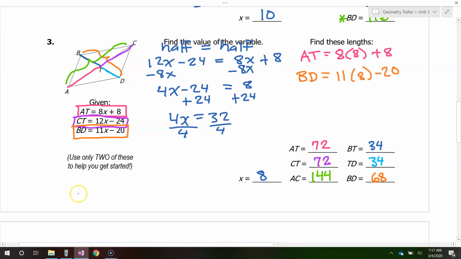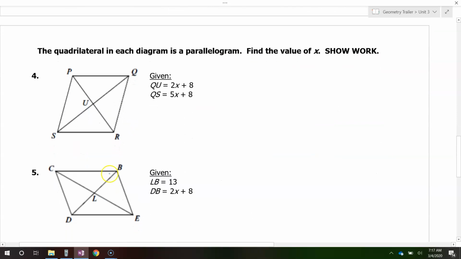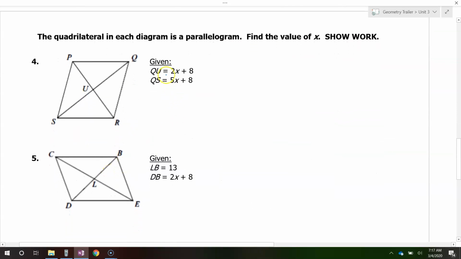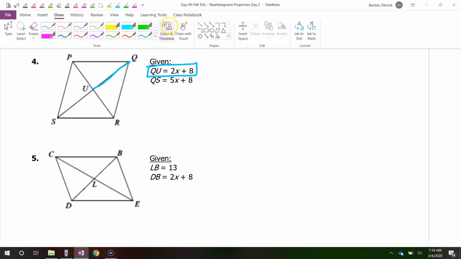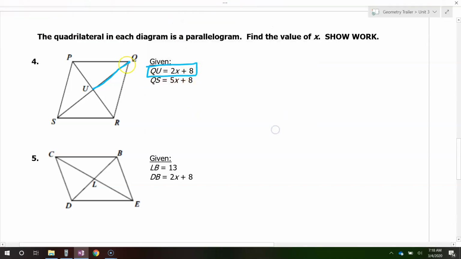All right, moving on. Okay, QU. All right, so QU is right here. Let's color coordinate. And QS is right here.